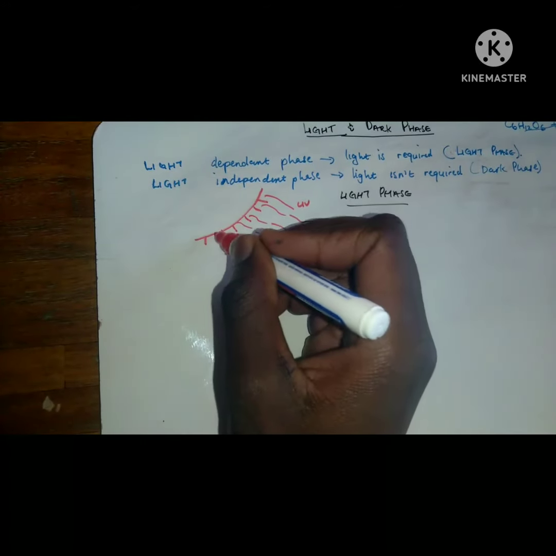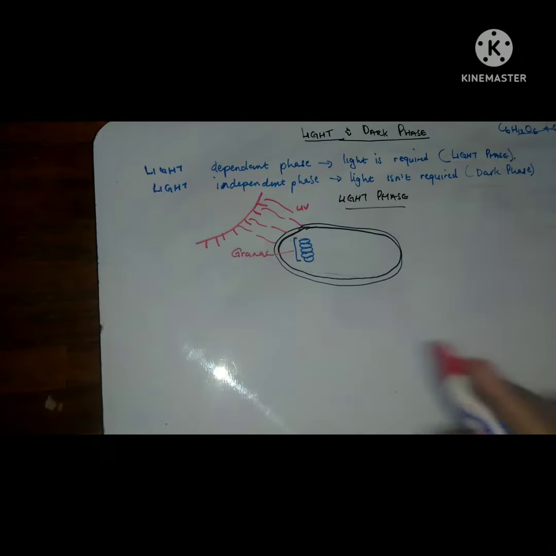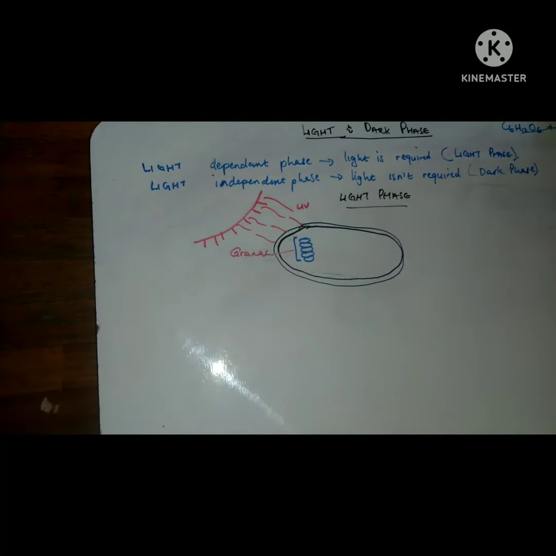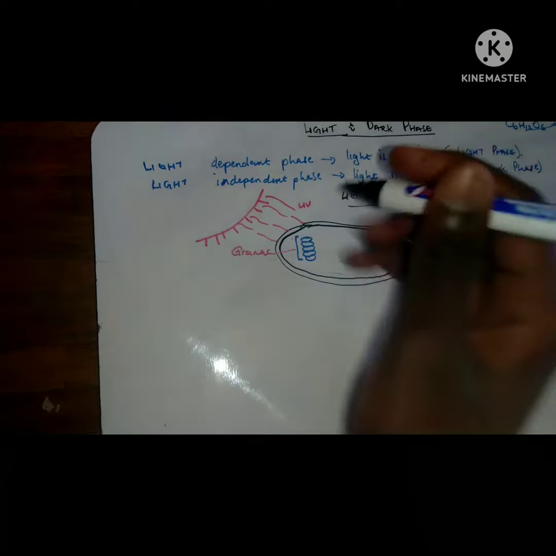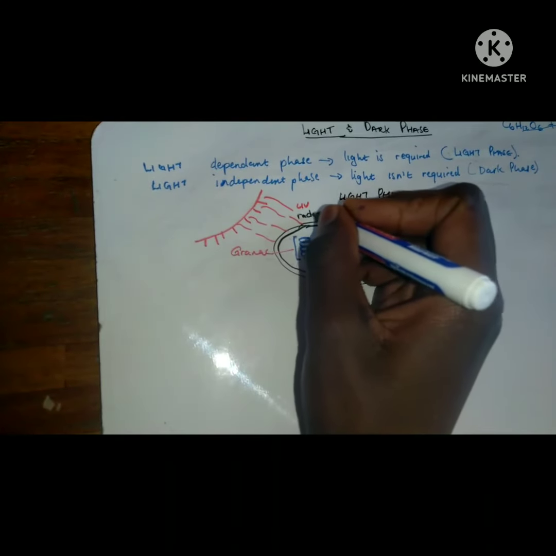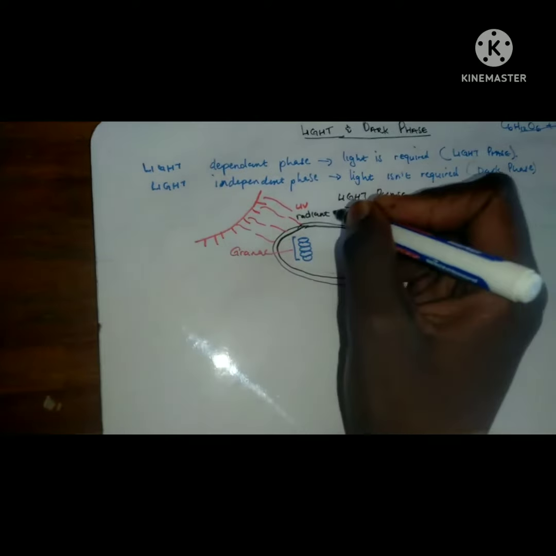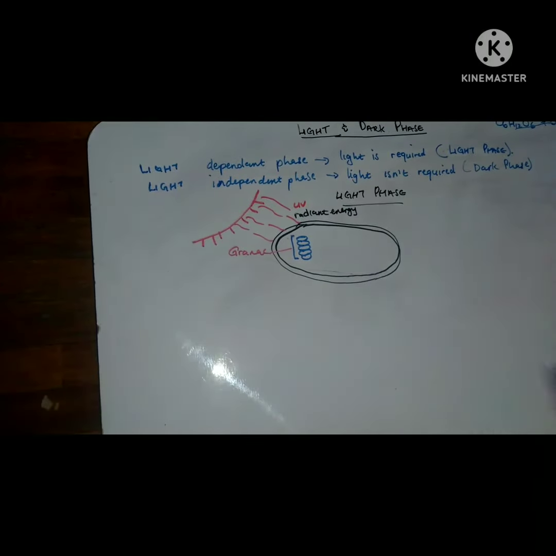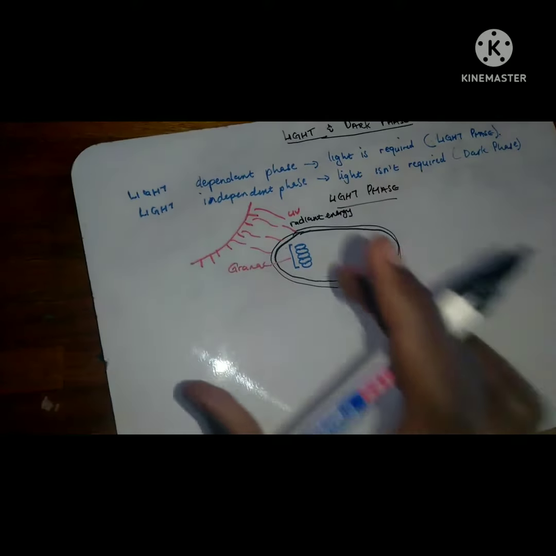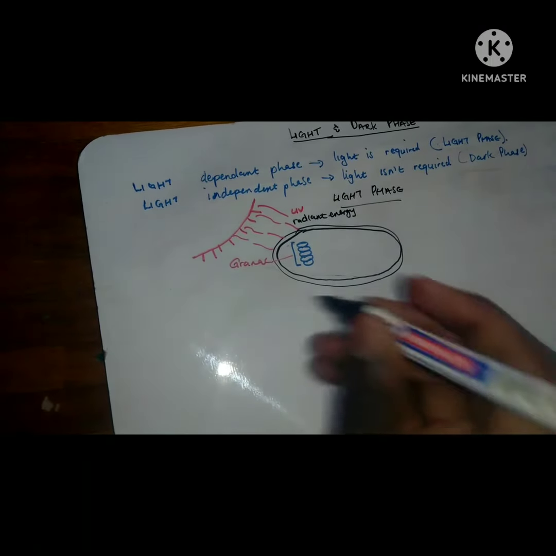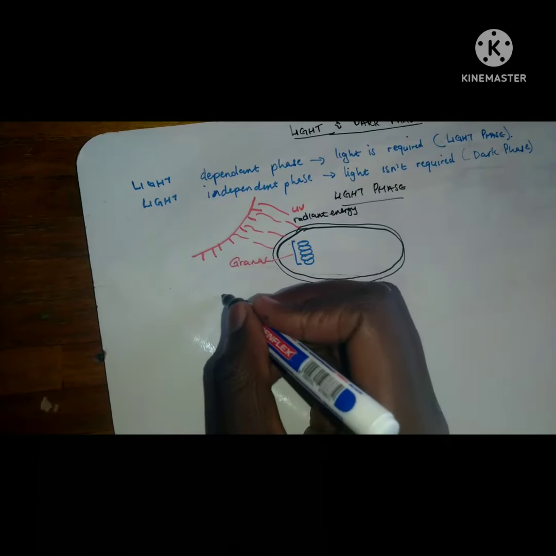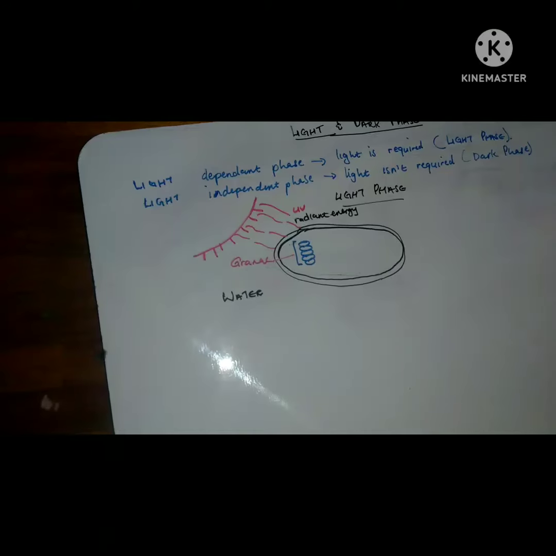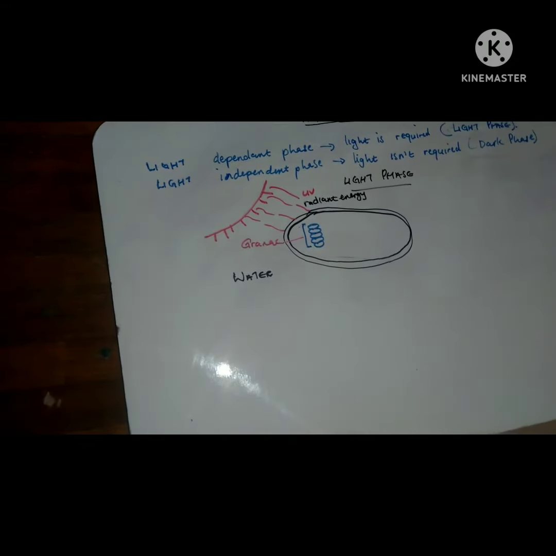So the sun will release here radiant energy. So this is radiant energy. Radiant energy is the light energy. Secondly, we'll have water here. So what is the role of water in photosynthesis?